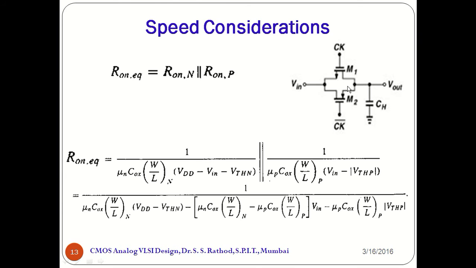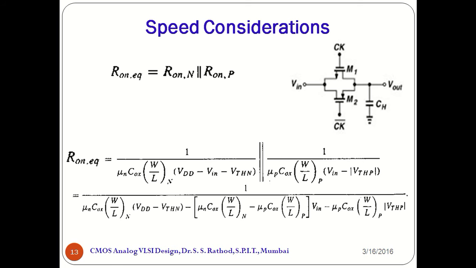If you consider their resistances, they are in parallel, therefore the equivalent resistance will be Ron of NMOS in parallel with Ron of PMOS. So what is the Ron of NMOS? It is 1 upon mu n C naught x W by L of NMOS into VGS, that is VDD minus Vin, assuming that the clock is VDD, minus the threshold voltage.